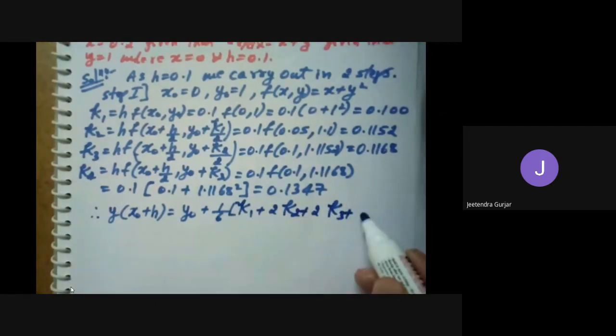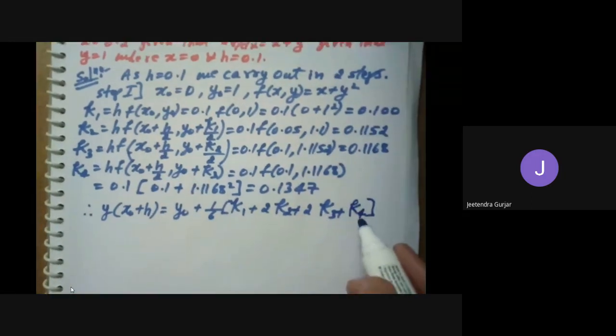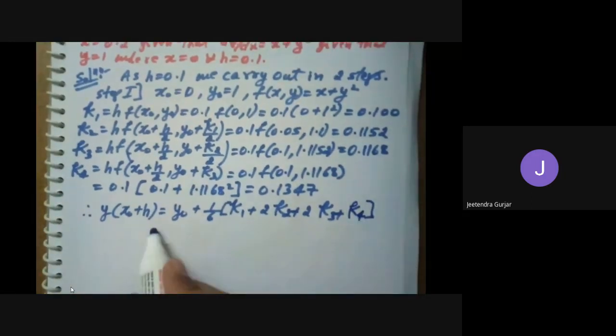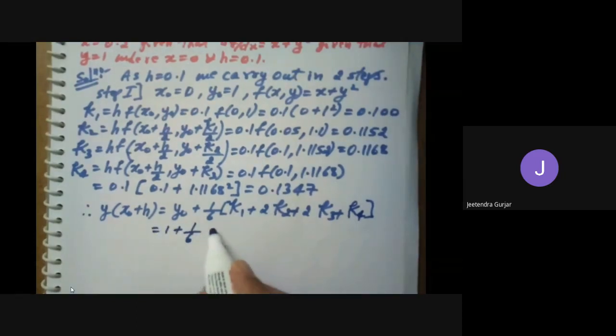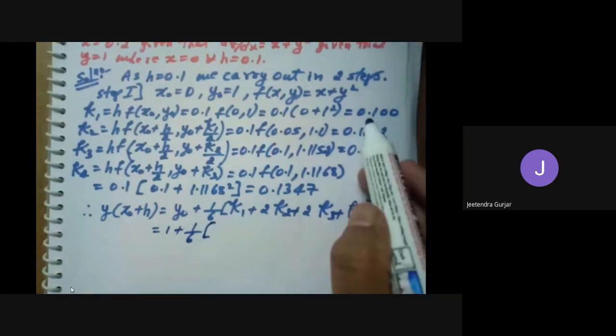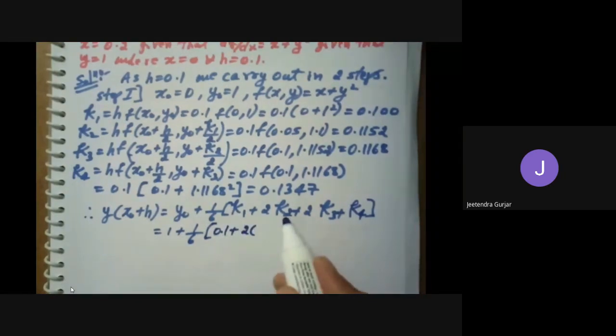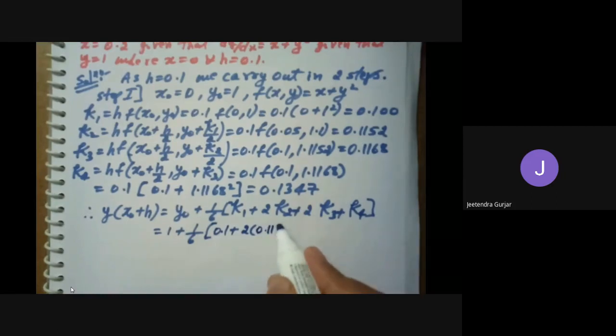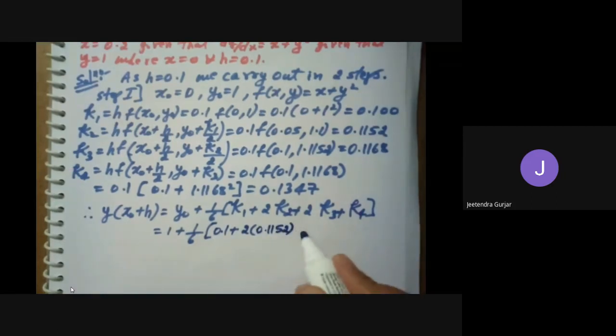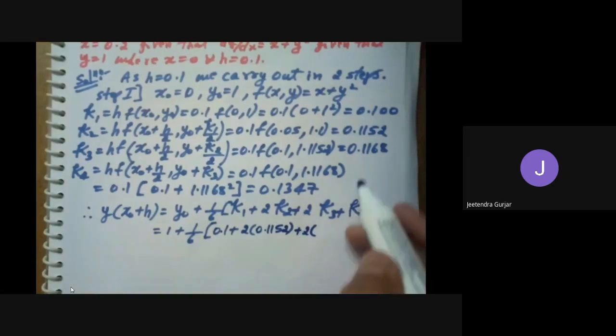Now substitute all the values in this. We get y naught is 1 plus 1 upon 6 remains as it is. K1 is 0.1, plus 2 times K2, which is 0.1152, plus 2 times K3, which is 0.1168, plus K4, which we get as 0.1347.